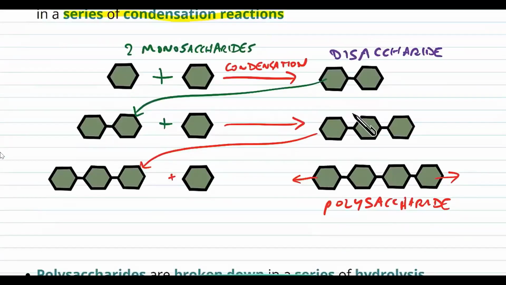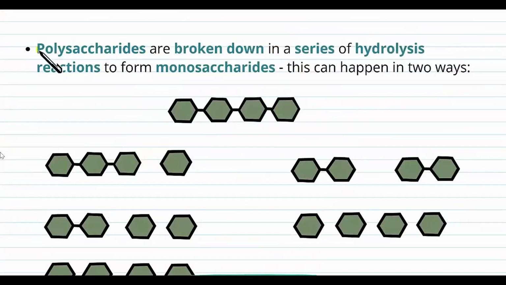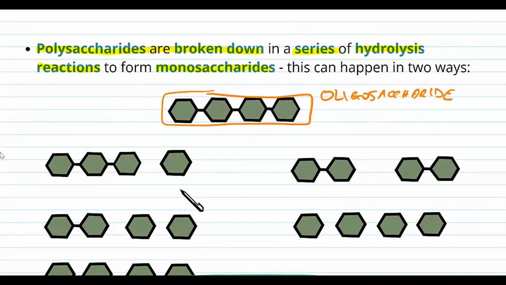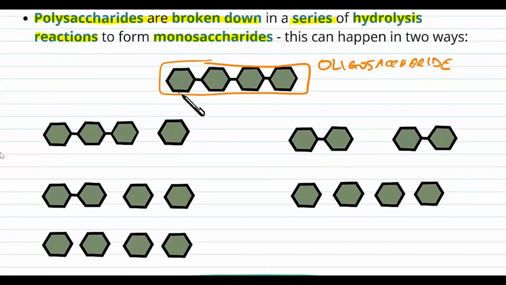But as you can see, each time a monosaccharide is added, it's a condensation reaction adding on a unit every time. In the reverse of this, polysaccharides are broken down by the reverse of condensation, which is hydrolysis. And there's a series of hydrolysis reactions to form individual monosaccharides. But this can happen in a couple of different ways. Let's say we start off with this polysaccharide or oligosaccharide, and we want to break it down into its 4 individual monosaccharides. We can do it either by snipping off one monosaccharide at a time from a chain and going in this direction.